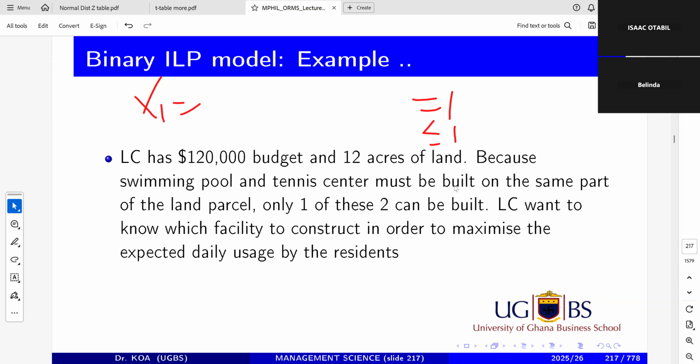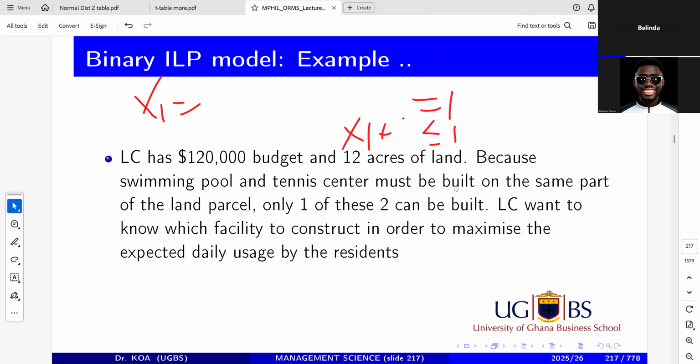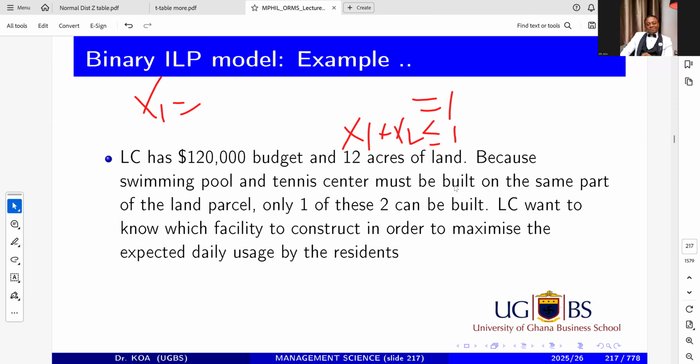Which variables are on the left based on the question? Belinda? Swimming pool and tennis center. How will you write it mathematically? X1 plus X2 is less than or equal to 1. Very good.